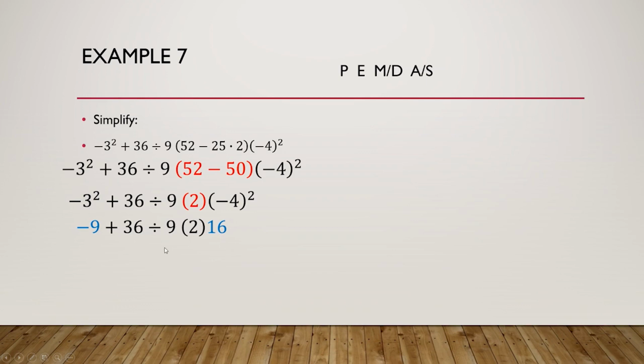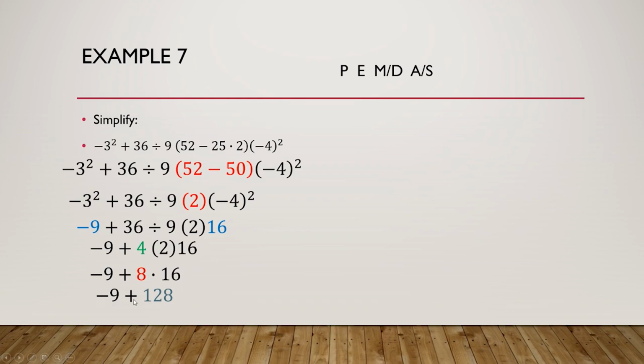Now you want to do multiplication or division from left to right. So you have to do that division first. That would be 36 divided by 9, which gives you 4. Still do multiplication or division. You have multiplication, so let's do 4 times 2, which is 8. Next we'll do 8 times 16, which is 128.